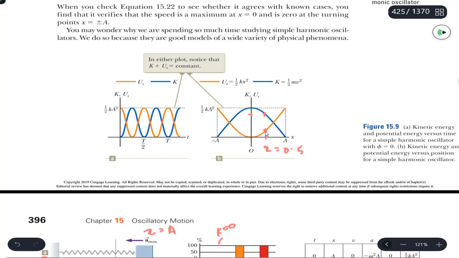Sorry, the yellow is the potential. Let's just put certain values here, because this is an example. So this is 2 perhaps, this is 5. So U and K. K is the blue, so K is 5. The U is 2 here. Adding them up becomes 7. This is the total amount of energy, and this is where 7 should be.